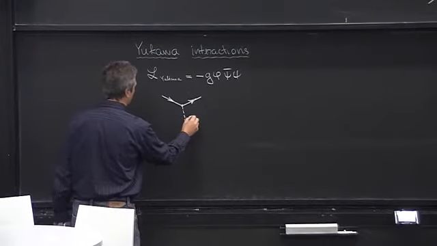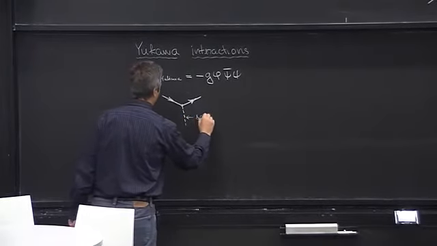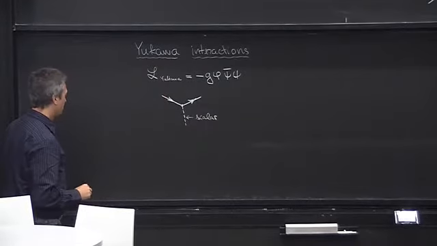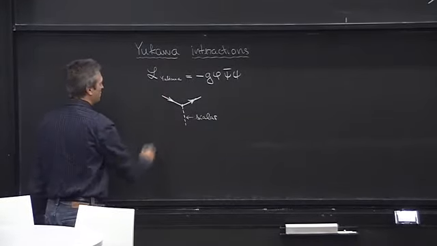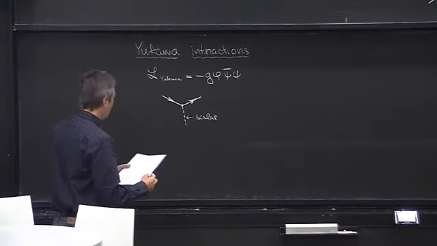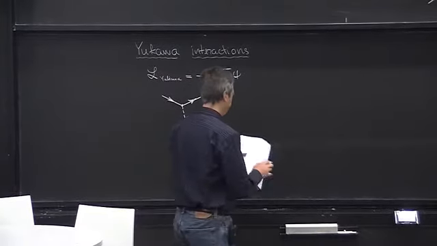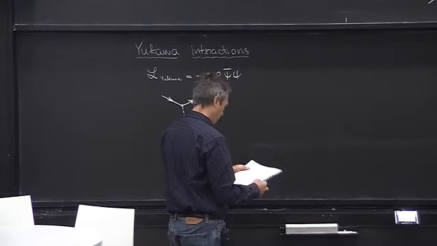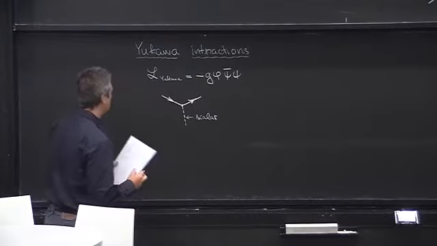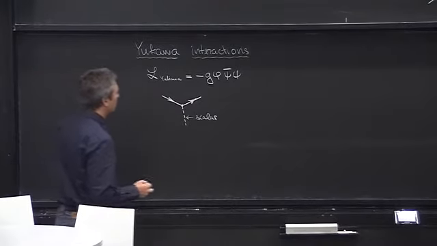And let me draw scalars in a broken line just to distinguish them from fermions. So we will study now the process of scattering through this interaction.